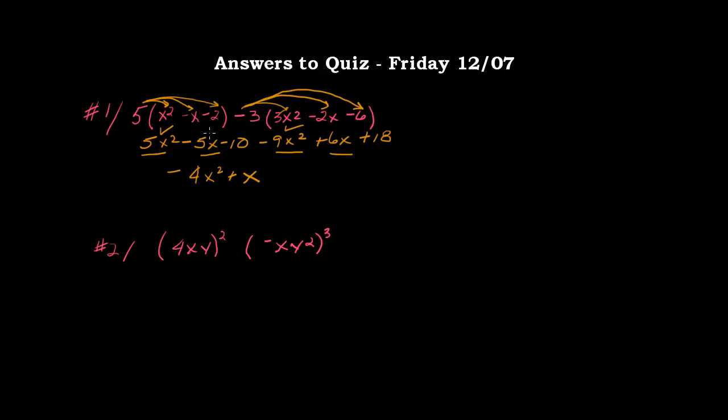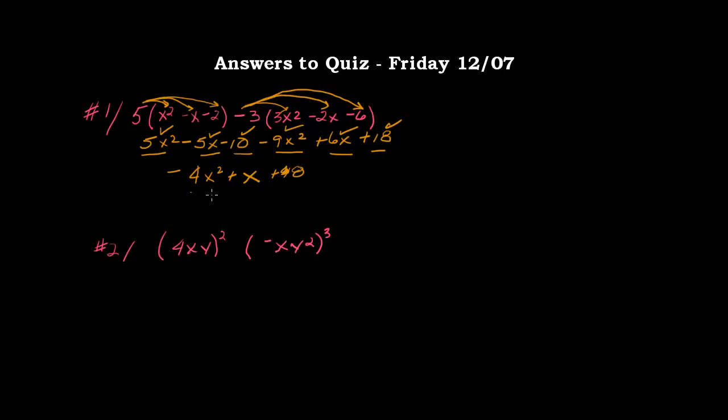So plus x, that is done. And a negative 10 plus a positive 18 is plus 18. And those are done. And this is the simple, I'm sorry, that's not 18. My bad. A negative 10 plus 18 is positive 8. So this is negative 4x squared plus x plus 8.